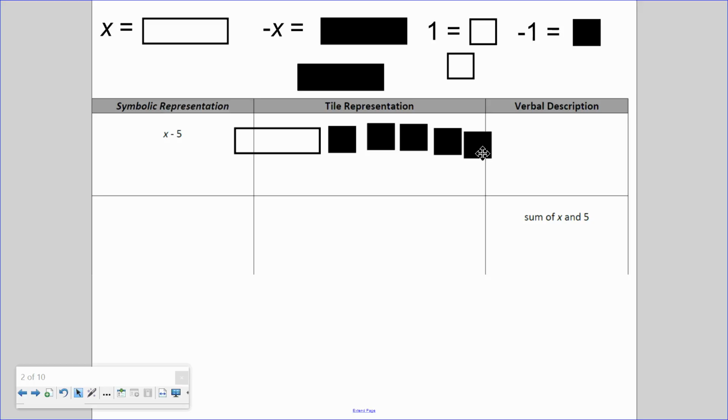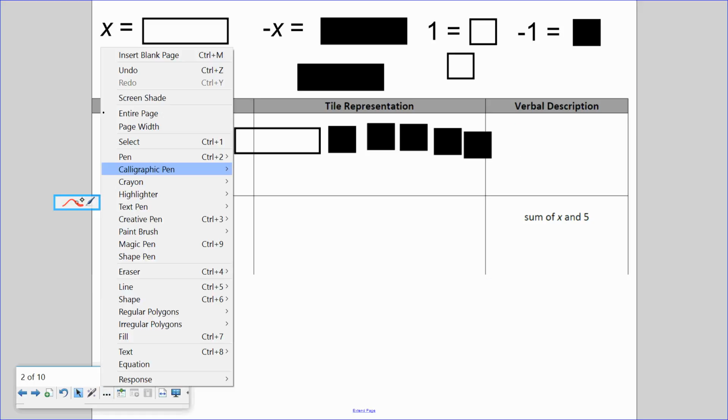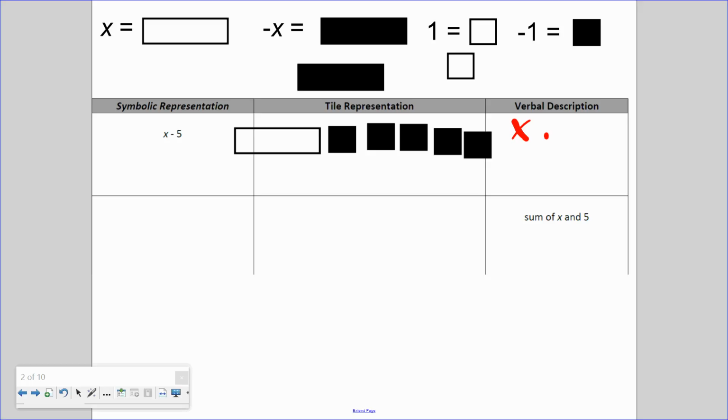You could write it as X minus 5. Or you could write it as the difference of X and 5. Or you could write it as 5 less than X. Any one of those are okay.